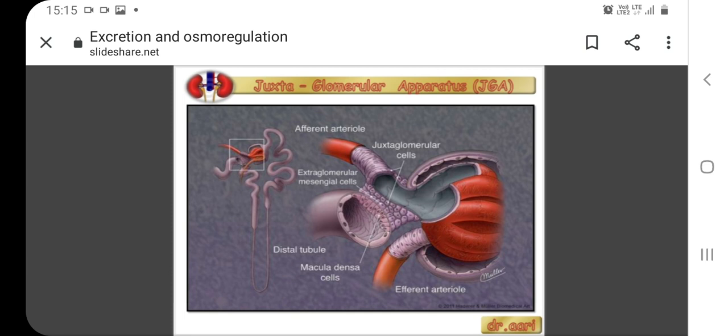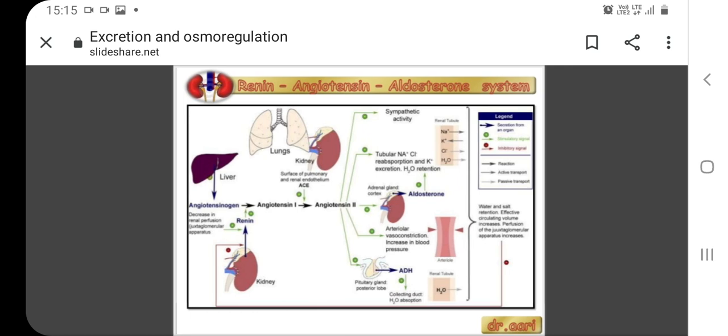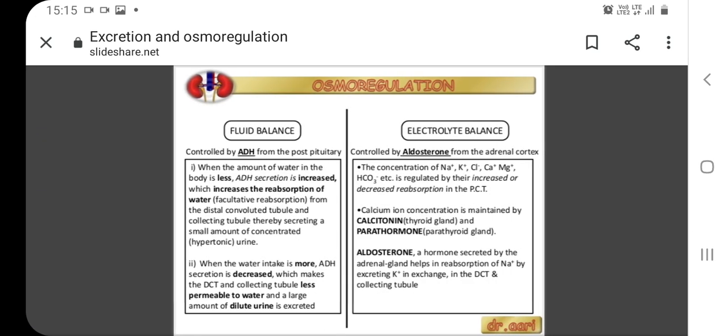The loop of Henle acts as a countercurrent multiplier that uses energy to create the concentration gradient. The descending limb is water permeable, and the water flows from filtrate to the interstitial fluid.